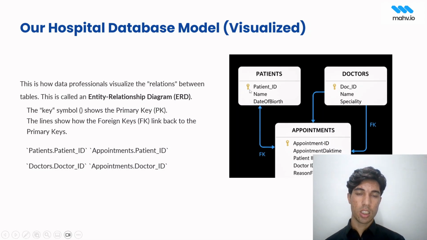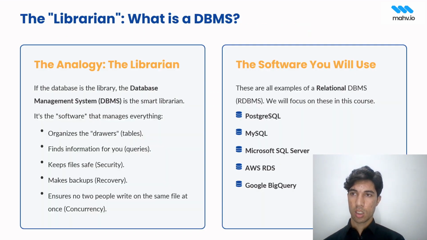The first thing is that the yellow key, as you can see here, here and here, represents the primary key, and the lines show how the foreign keys link back to the primary keys. Basically, there are these lines between the tables. They show the relationship between these tables. So this was about entity relationship diagrams, and we basically use these diagrams to visualize the relationships between different tables and to understand and design the schema for our databases.